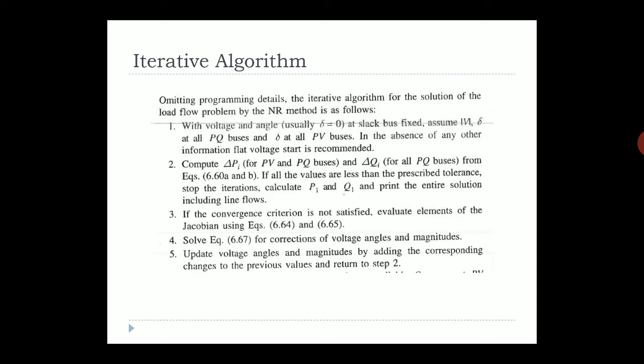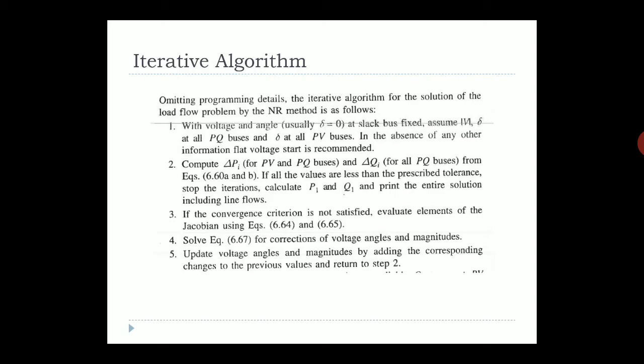So we compute that. How do we compute it? We calculate the P by the calculation. I'll show you the calculation. This calculation we have used in the previous load flow analysis.